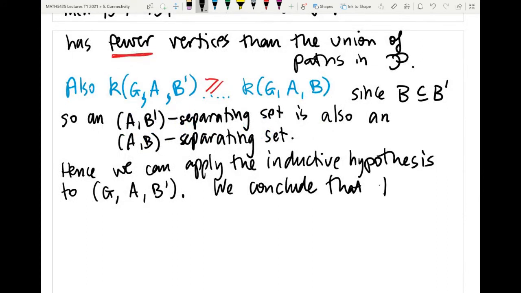So we conclude that there is a set curly Q primed.